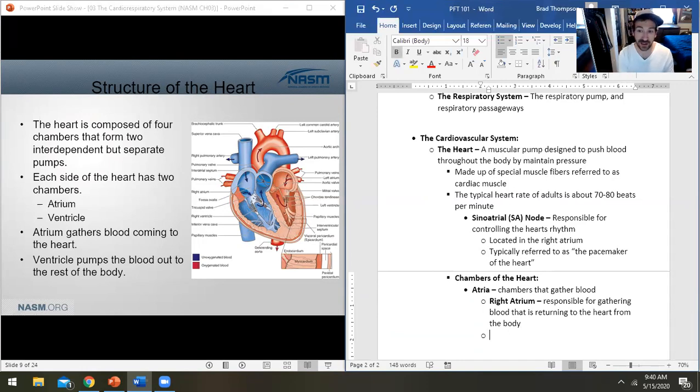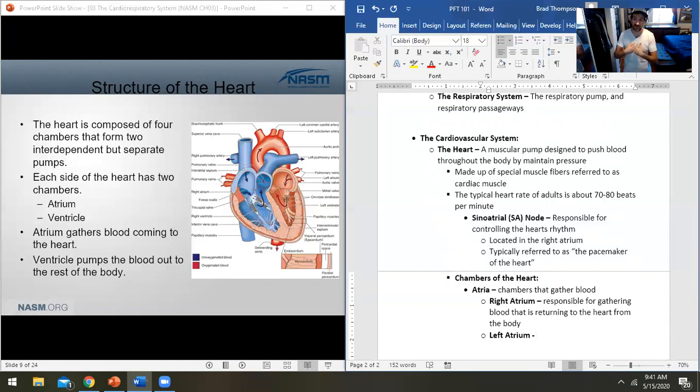Then you've got your left atrium. If this gathered blood coming back from the body, that means that it's all deoxygenated, right? All of the oxygen that was in that blood has now been used up. And so now that blood needs to get over to the lungs where it can pick up some more oxygen. Once it picks up that oxygen, now it's going to get back out to the body, right?